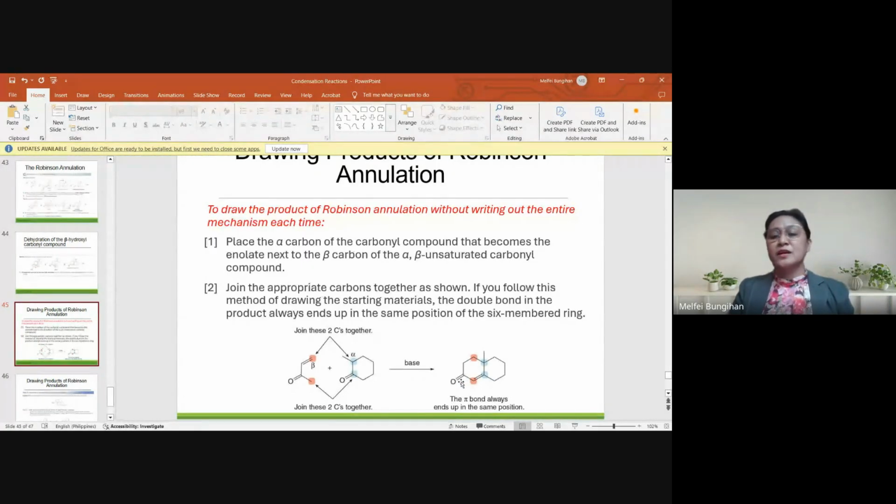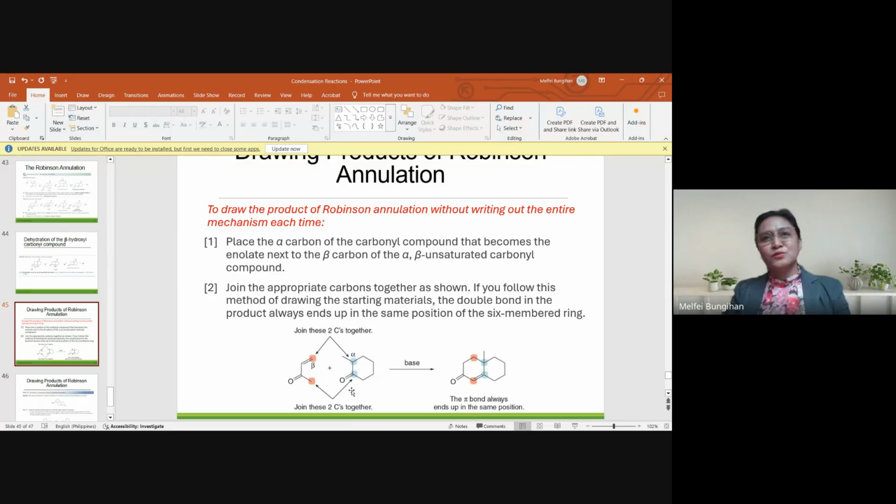That's why the Robinson annulation is the formation of a new six-membered ring. So even if your enolate here, your carbonyl, is not a ring type, you just don't worry about it. You just put in all the R groups that are attached to the specific reacting sites. Okay, so whether it's a very simple aldehyde compound or very complex, you just have to look at which ones are reacting.